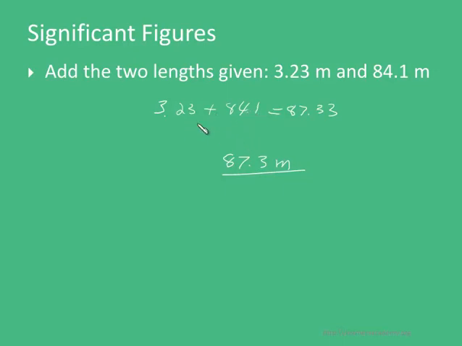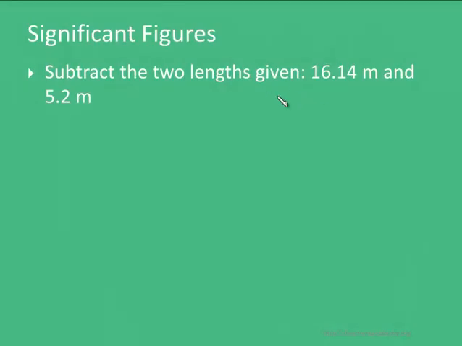The focus is different. Turning to subtraction, if we subtract these two numbers, and let's assume it's the larger minus the smaller, we get 10.94 meters. But if we look here, this has 2 digits after the decimal place, and here we only have 1. So our answer must have only 1. So the answer should be reported as 10.9. Right? So we round this off to 1 decimal place.